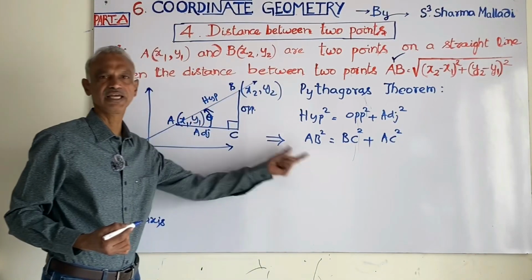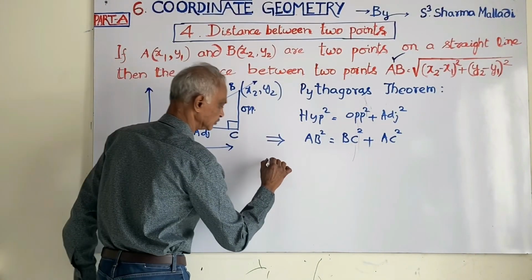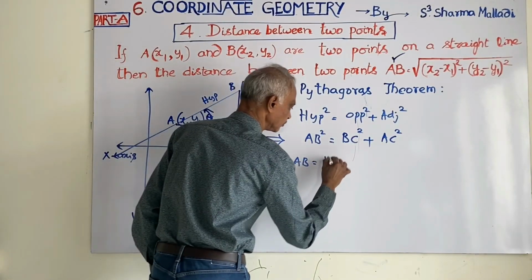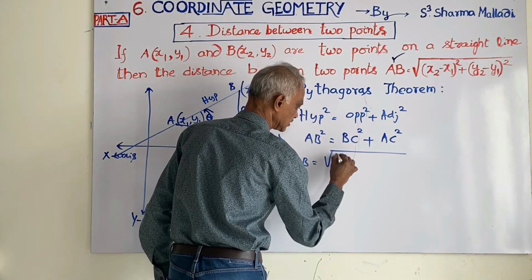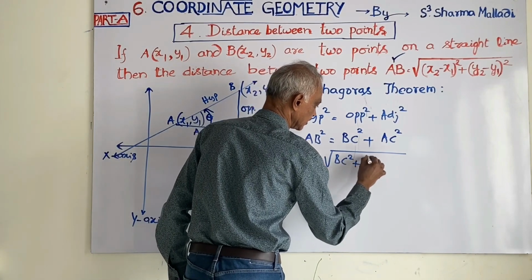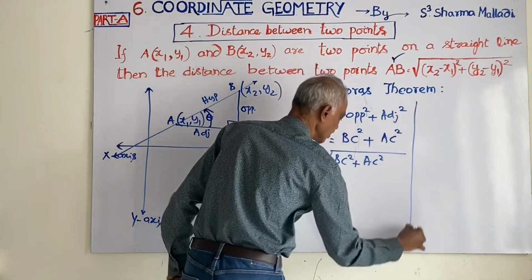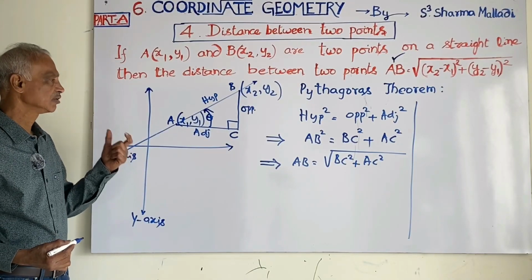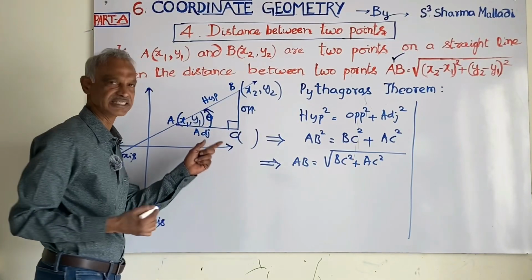Now we have to find AB. AB is equal to the square root of BC square plus AC square. First, what is BC and what is AC? We have to write. First, identify C.